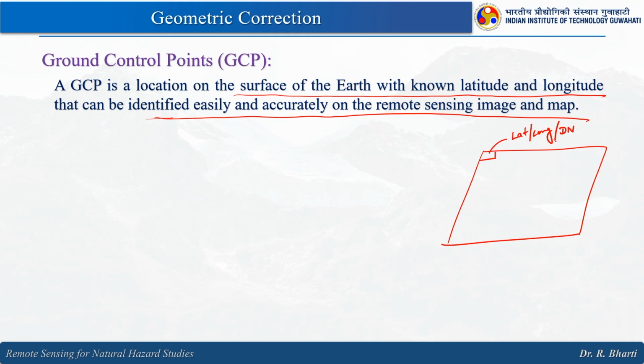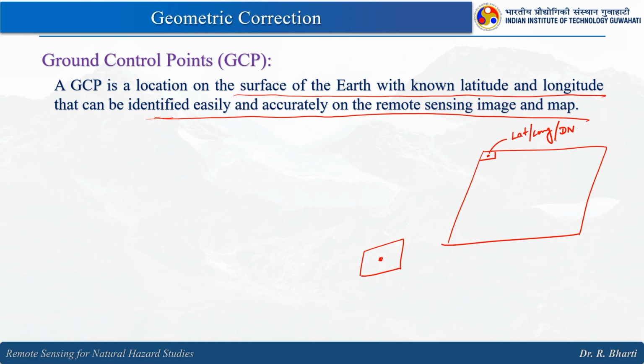Now with the latitude and longitude you can put them in your mobile phone or your GPS, and then it can show you where you have to go and find that particular point. So that will be the center of this particular pixel, right? So this is called a ground control point.